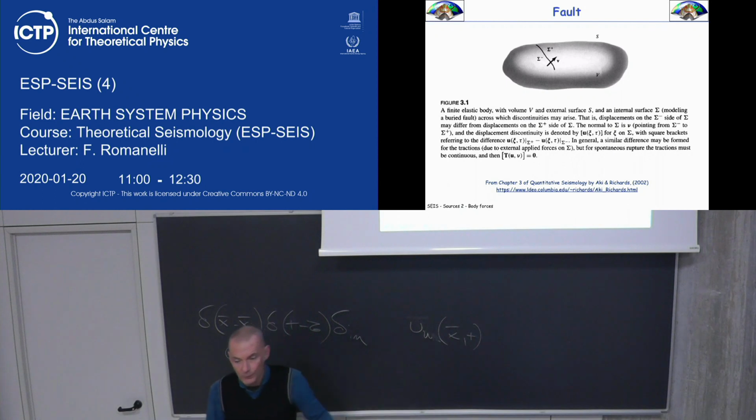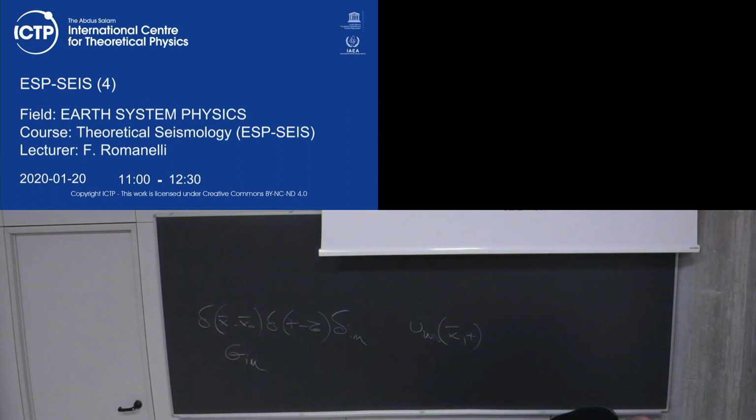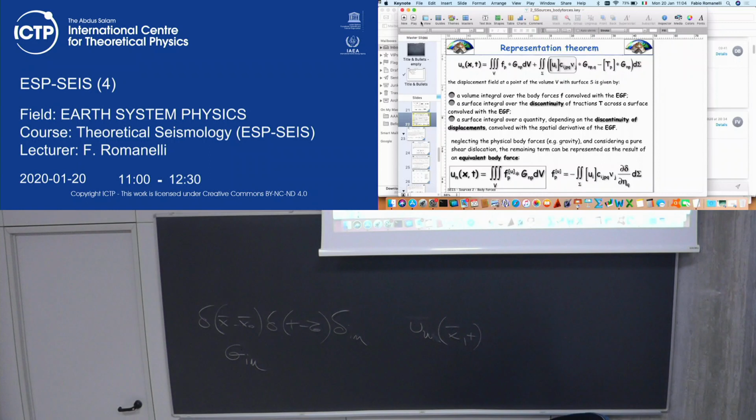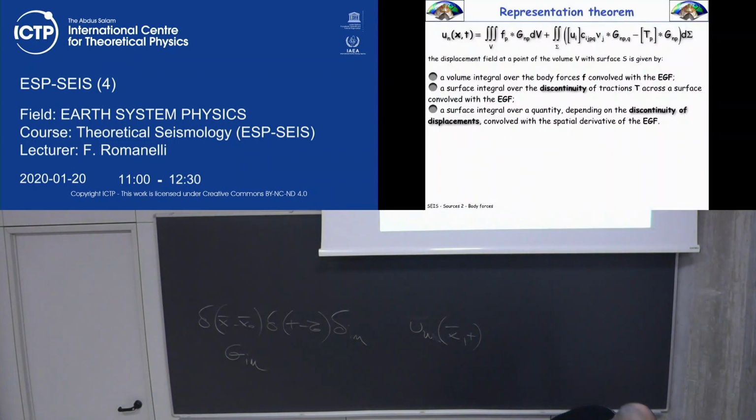This is what we are looking for: displacement in a body with a volume V defined by its properties, surrounded by a surface S, where we have a shear dislocation. Okay, this is what we have been doing on Friday. And the result that we got was something like that.